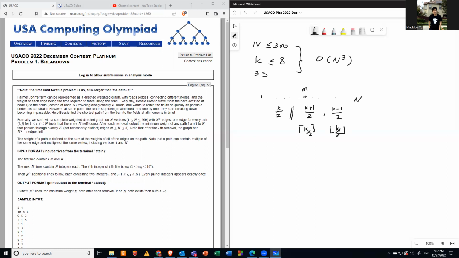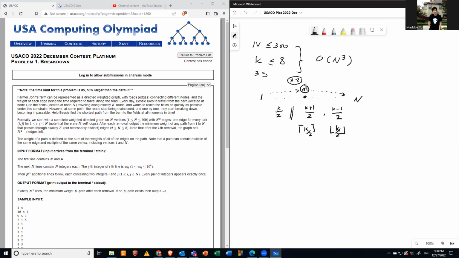Right? If we can find the shortest path from 1 to this midpoint, and the shortest path from this midpoint to n, then every time when I want to find from 1 to n, I just need to iterate through all those n minus 2 points.